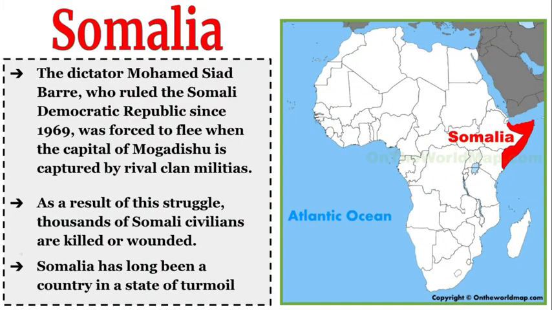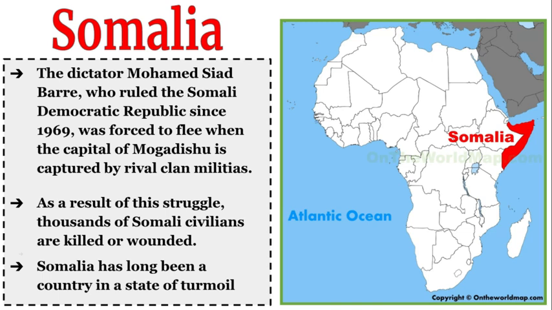So here we have Somalia. And again, you see where Somalia is located on the map of Africa, the Horn of Africa, as it's often called over there, located really close to the Middle East. There was a dictator named Mohammed Siad Barre who ruled Somalia but was forced to flee.